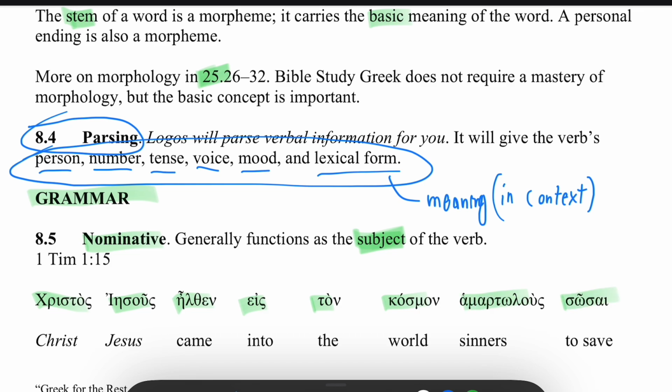Here we have, Christ Jesus came into the world to save sinners, or sinners to save. Christos Iesus is in the nominative, which means in this case it is functioning as the subject. And then we have eilthen, which is the verb. So it's right to see that Christ Jesus came. Christ Jesus is the subject of that verb.